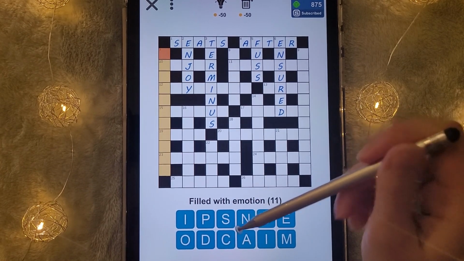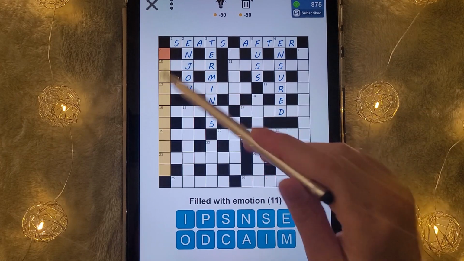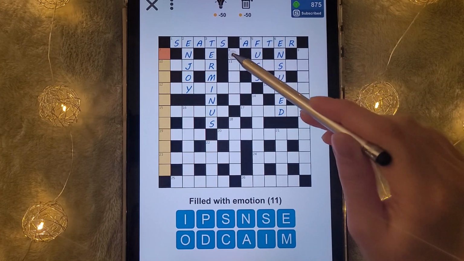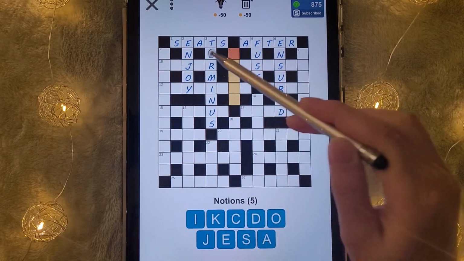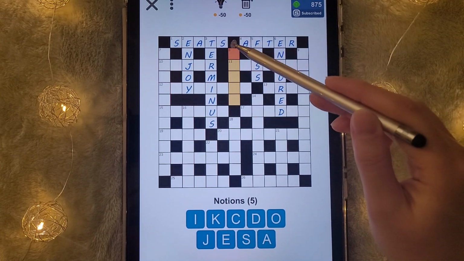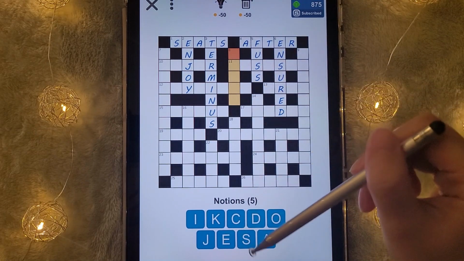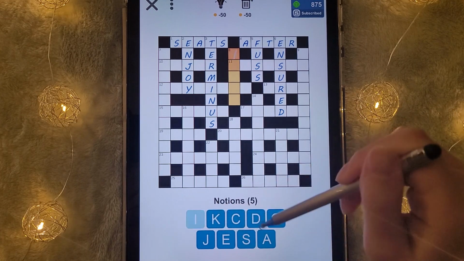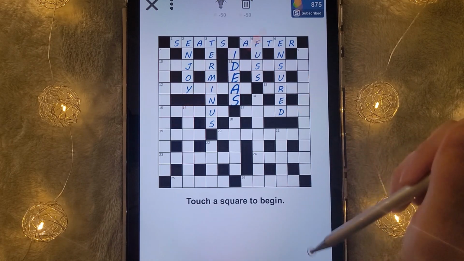This one isn't jumping out to me right away, so I'm just going to move on to 8 down. We'll come back to 7 once we filled in some of the other letters. 8 down, notions, ideas.